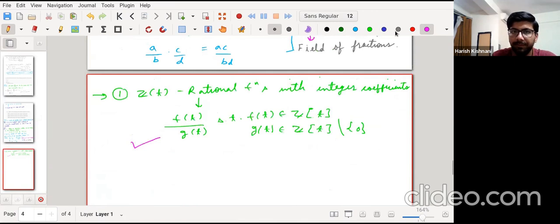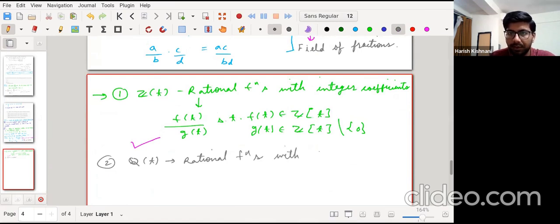Q(t), the rational functions with coefficients in Q, is also the same thing.